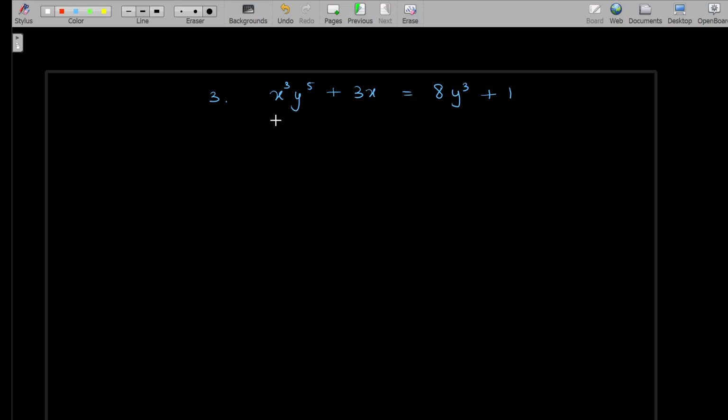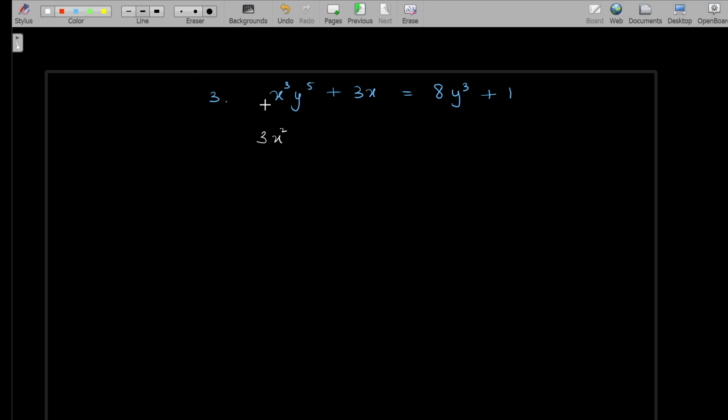So 3x squared, 5y to the power 4. Now here you're applying product rule, right?